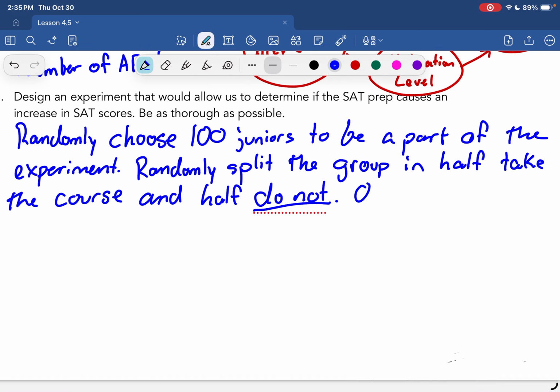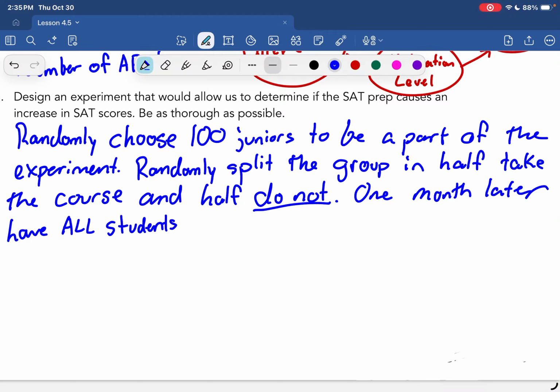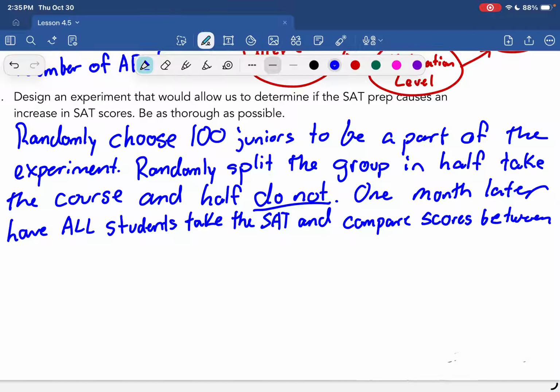Now, after 1 month, so 1 month later, have all students take the SAT and compare scores between the groups. And that's great. And you've written out, I think that is thorough enough.